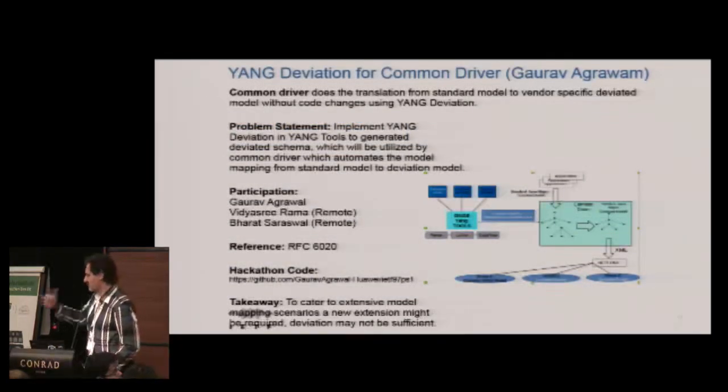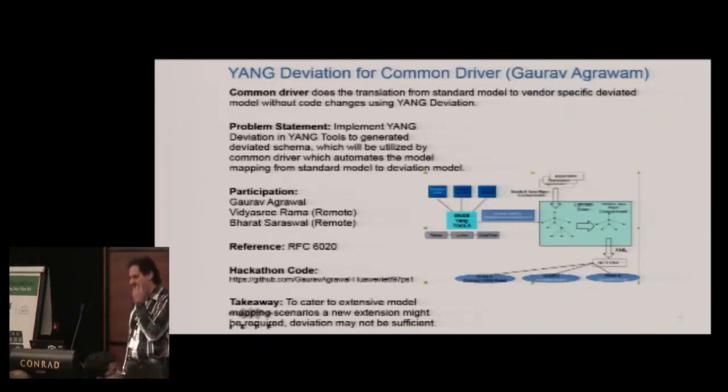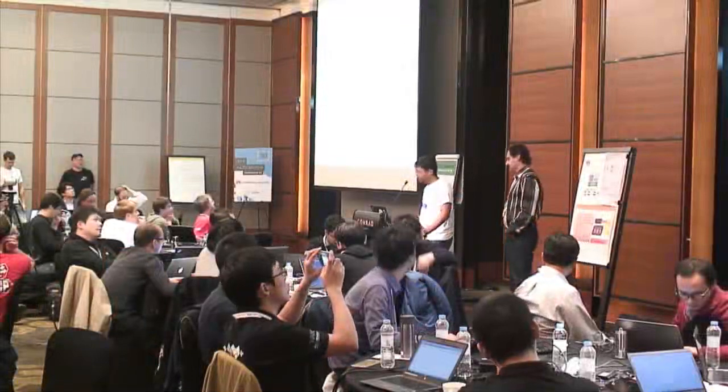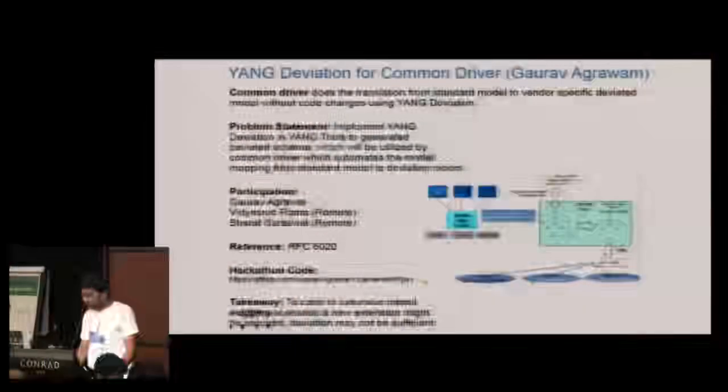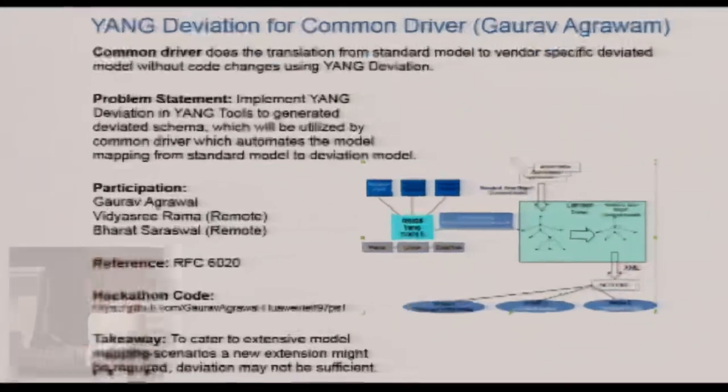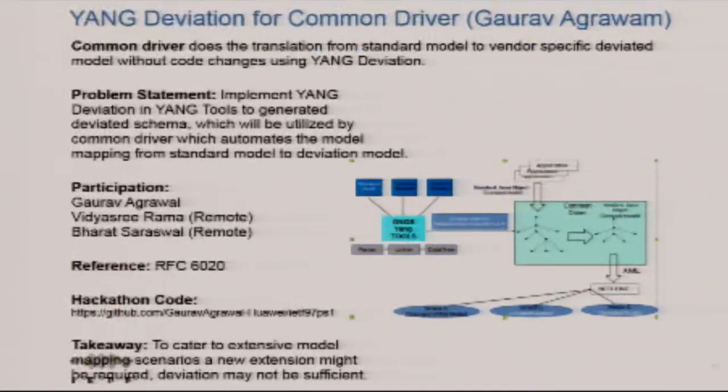And now, Gaurav, do you want to just discuss the 2 slides? Thanks, Benoit. Okay, so as a part of this hackathon, we have implemented Yang deviation in the ONOS Yang tool. This is basically to generate the deviated metadata schema, which is to be consumed by the common driver framework, which we are working on as of now in ONOS.